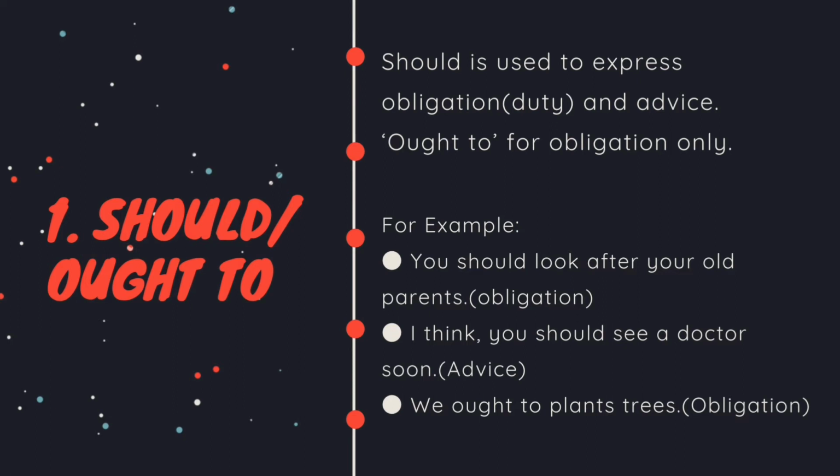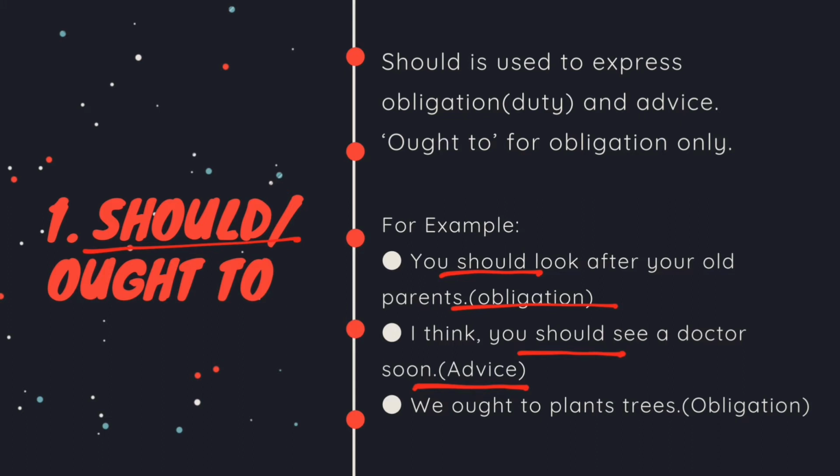You should look after your old parents. This is an obligation, as it is very clear that should is used here to show the duty of the child, that you should look after your old parents. That's why we have used should here. Then the next is, I think you should see a doctor soon. I have told you that we advise someone using should. That is why we have used should here.